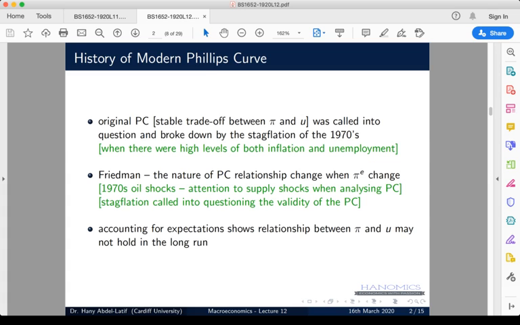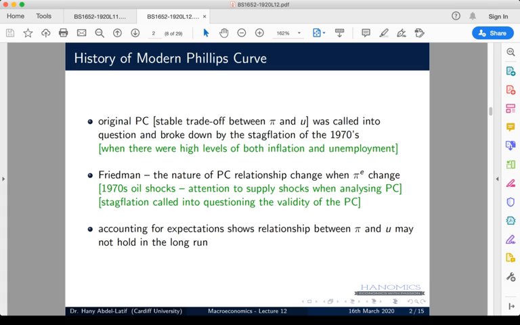But this hasn't lasted for long, because that whole original Phillips curve idea, which refers to the stable trade-off between the inflation rate and the unemployment rate, was brought into question by what happened in the 1970s. We discussed this before when we started talking about the aggregate demand and aggregate supply model. We explained what happened in the 1970s when we talked about supply side shocks, or oil price shocks, and we explained what happened in 1973, and by the end of the late 1970s as well.